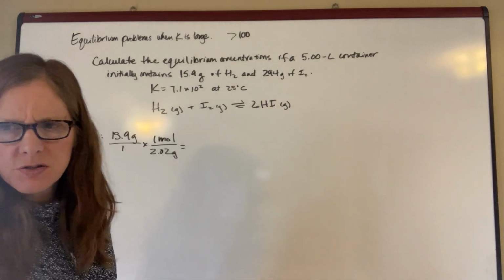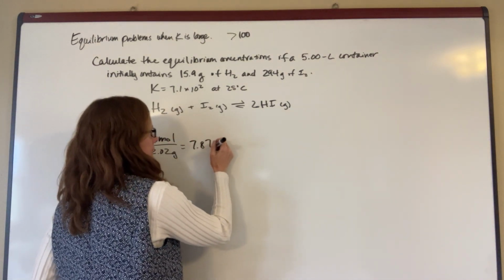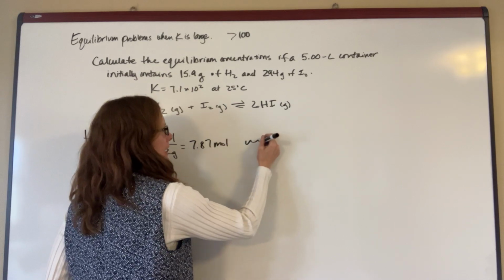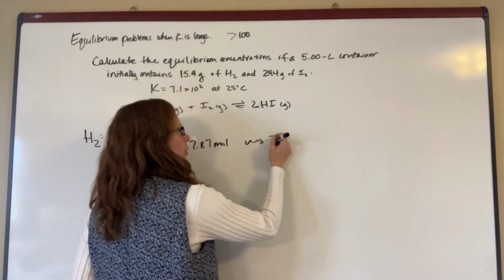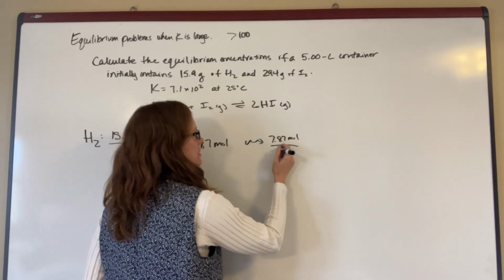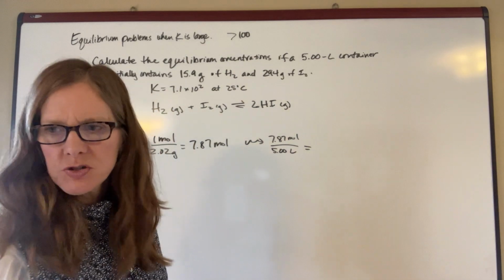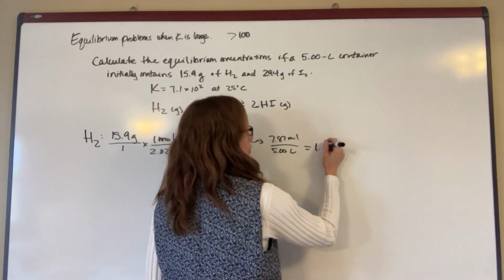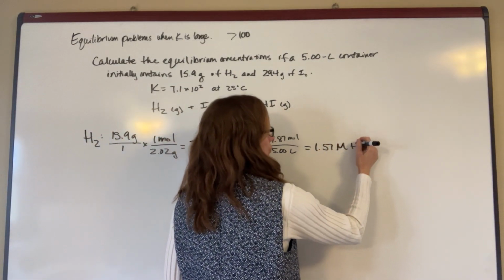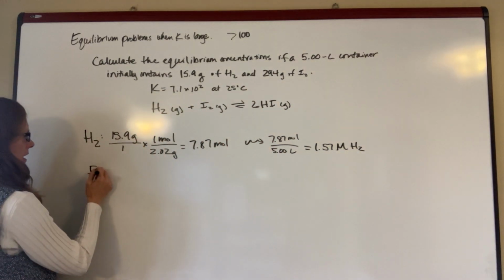And so that is going to give me 7.87 moles. Now, I have 7.87 moles, but it is in a 5-liter container, so if I divide that out, that is going to give me 1.57 molar hydrogen.